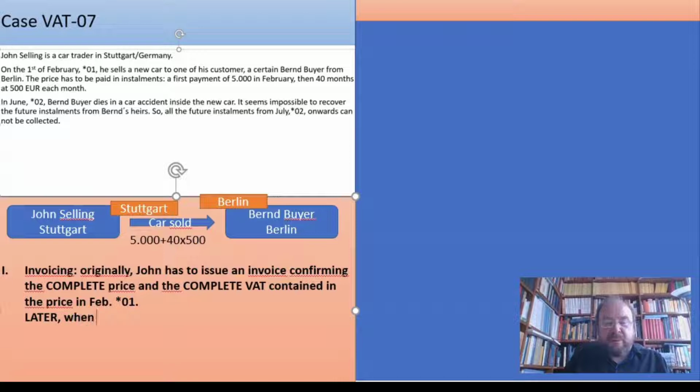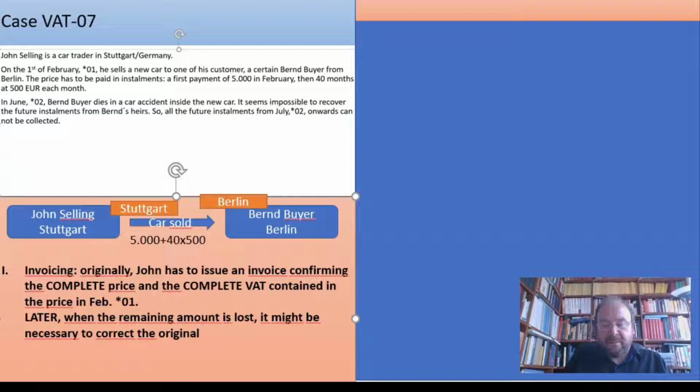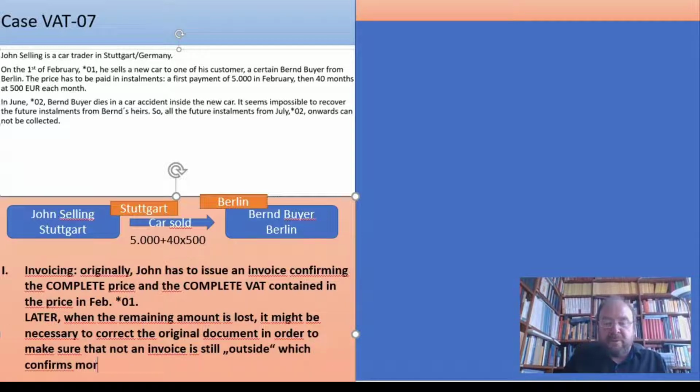Later, when the remaining amount is lost, it might be necessary to correct the original document in order to make sure that not an invoice is still outside, which confirms more VAT than what is due.